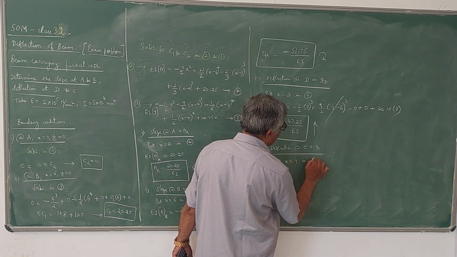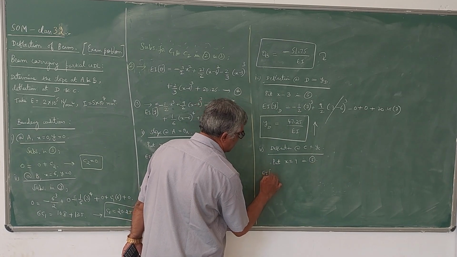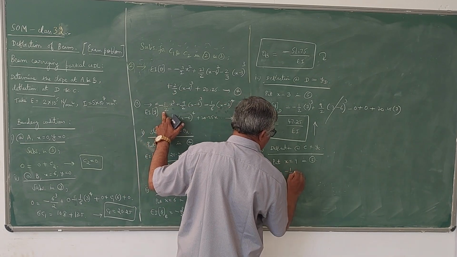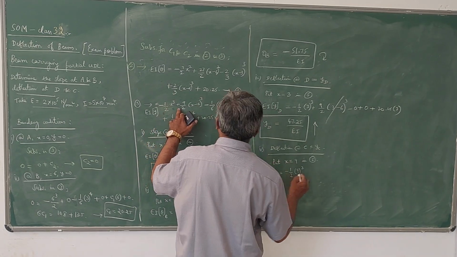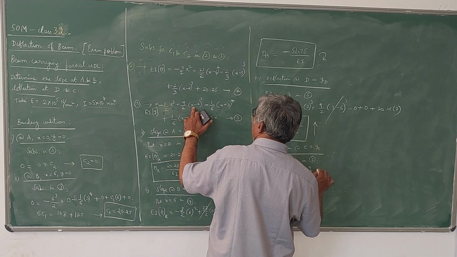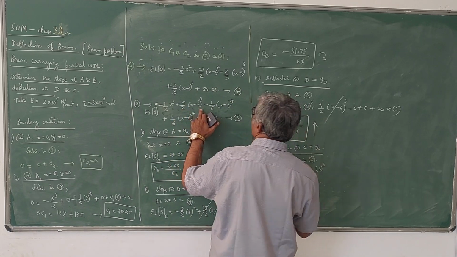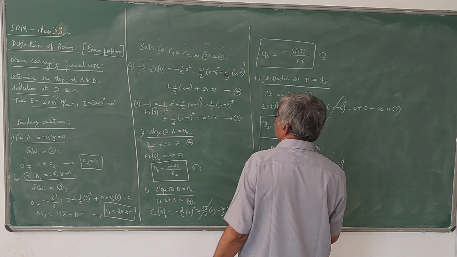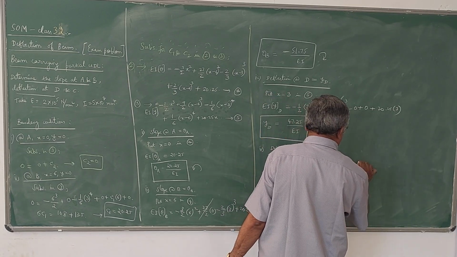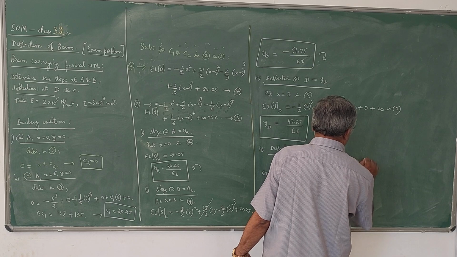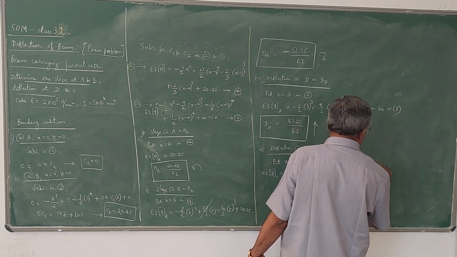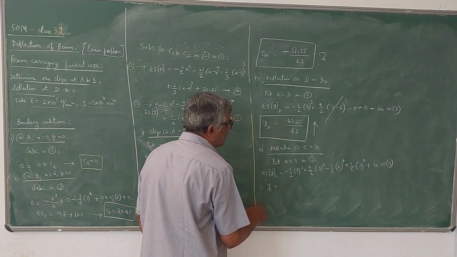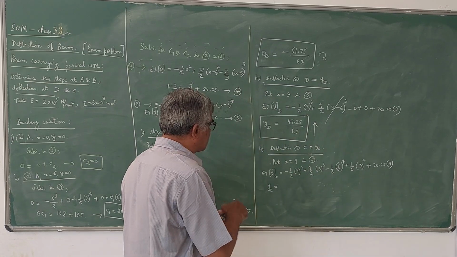In equation 5 only, the deflection equation, EI into YC is equal to minus half into 9 cube, plus 9 by 2 into 9 minus 6, which is 3 cube, minus 1 by 6 into 9 minus 3, which is 6 power 4, plus 1 by 6 into 9 minus 6, which is 3 power 4, then plus 20.25 into 9. So this is the equation. Now YC will be this entire thing divided by EI. Let us simplify that.